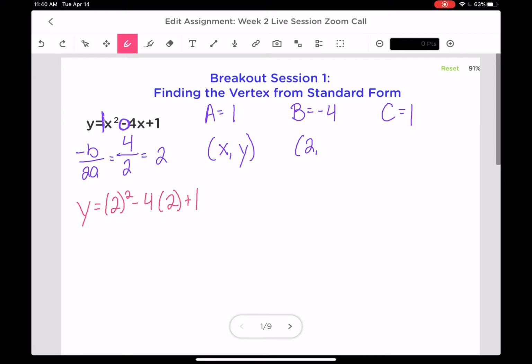If I simplify this, I will get the y value of my vertex. 2 squared is 2 times 2, so that is 4, minus 4 times 2, which is 8, plus 1. So 4 minus 8 is negative 4, plus 1 is negative 3. So y equals negative 3. And this is my vertex.